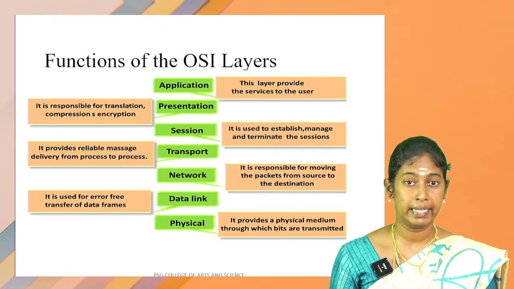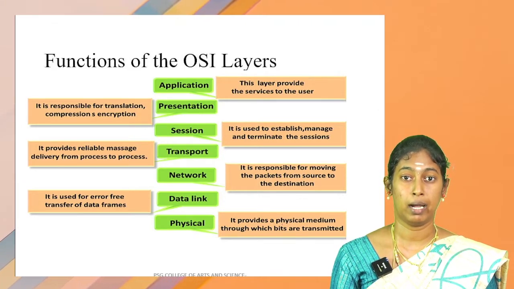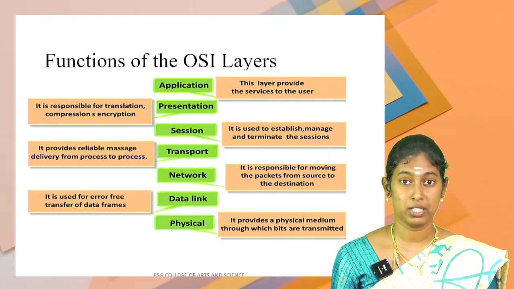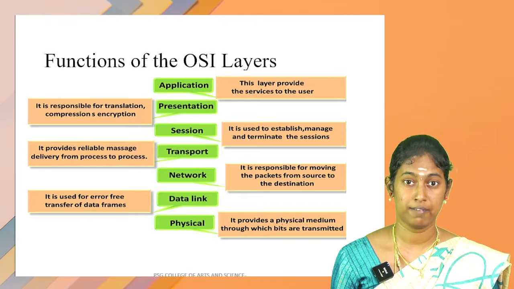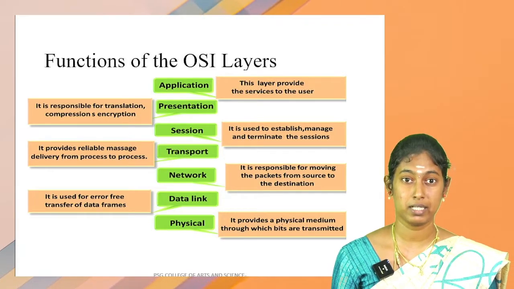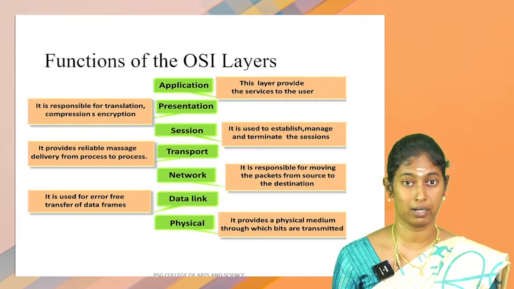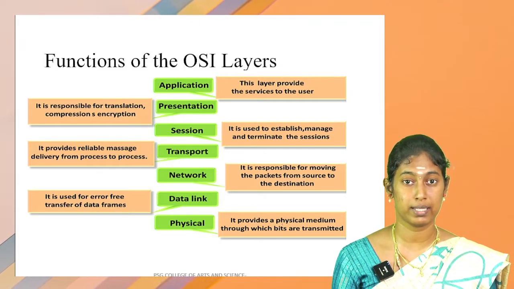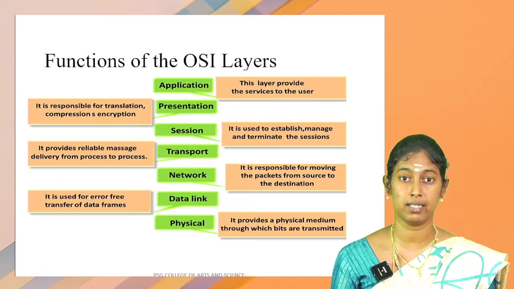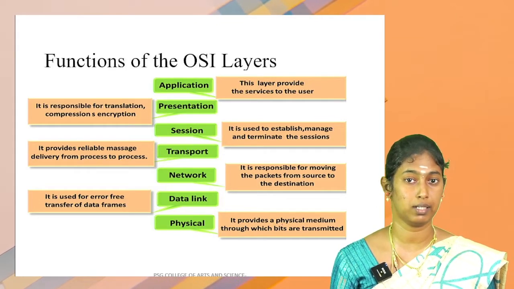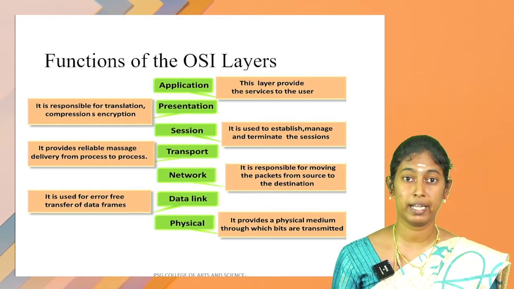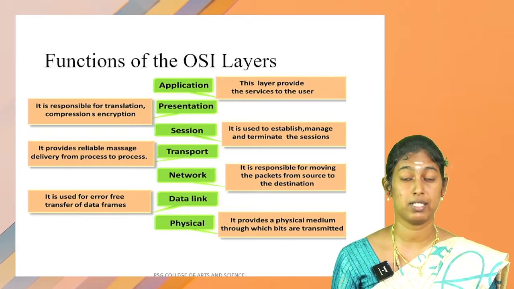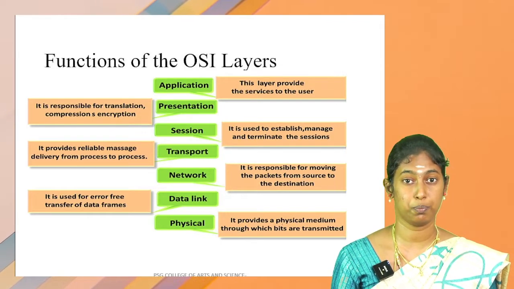Each and every layer has its own functions. The application layer gives the service to the user. The presentation layer is responsible for translation, compression and encryption. The session layer is used to establish, manage and end the session between the host and the destination. The transport layer provides reliable message delivery from process to process.